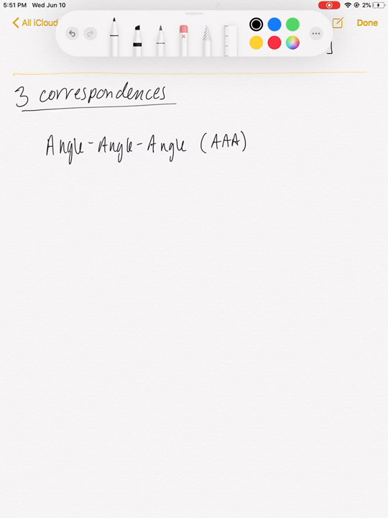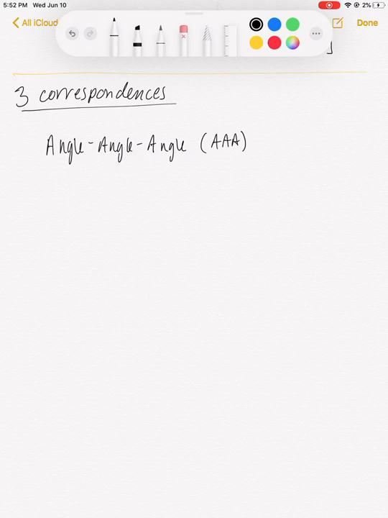But if we cannot find a counterexample, then we can use that test as a valid congruence test, which means that I can establish those correspondences, just three, and it forces the other three to be the same. And then we can say that the two triangles are equal, or congruent.